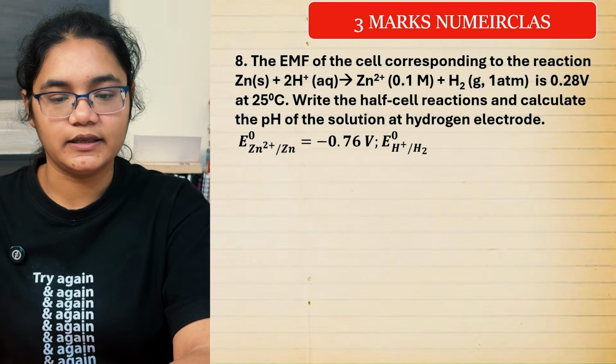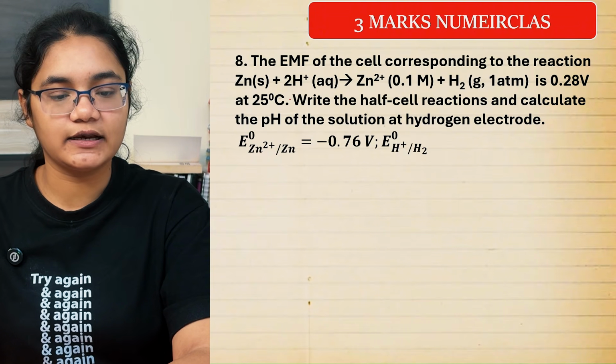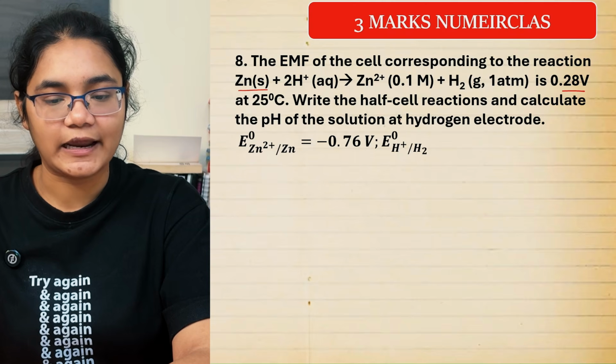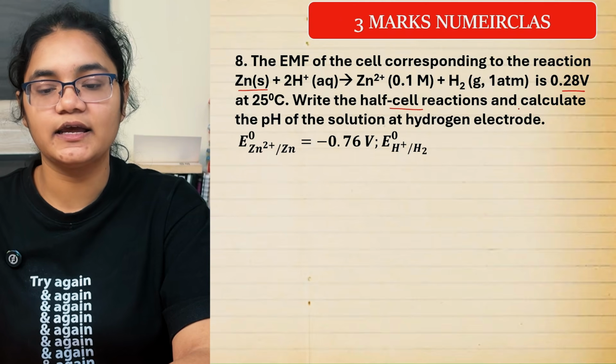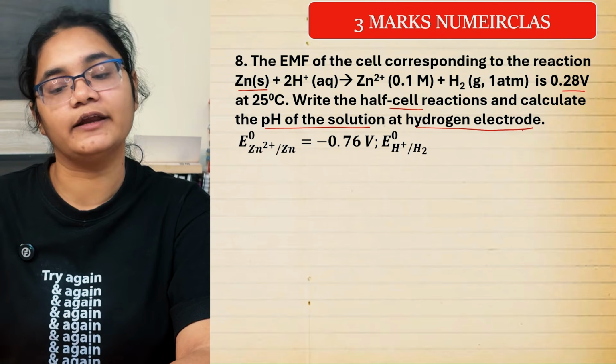Next question, the EMF of the cell. The EMF of the cell corresponding to the given reaction is 0.28 volt. Write the half cell reactions and calculate the pH of the solution at the hydrogen electrode.